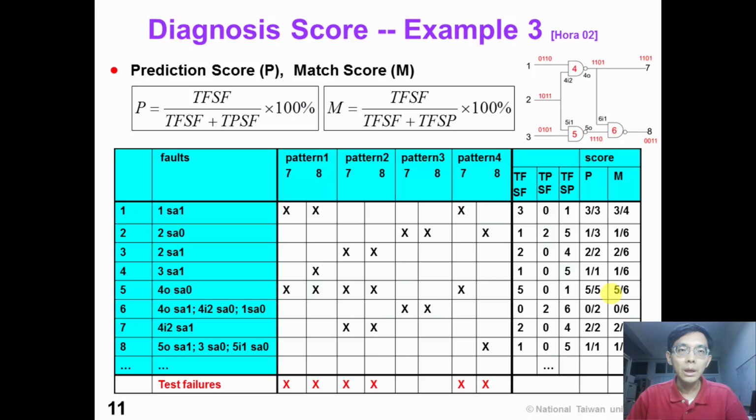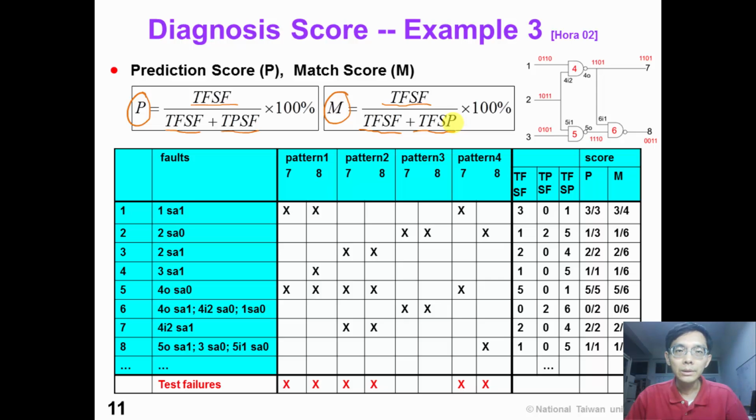We can use another diagnosis score definition. In this diagnosis score system, we have 2 scores. The P score is TFSF over TFSF plus TPSF. The M score, the match score, is TFSF over TFSF plus TFSP. Both numbers are between 0 and 1.